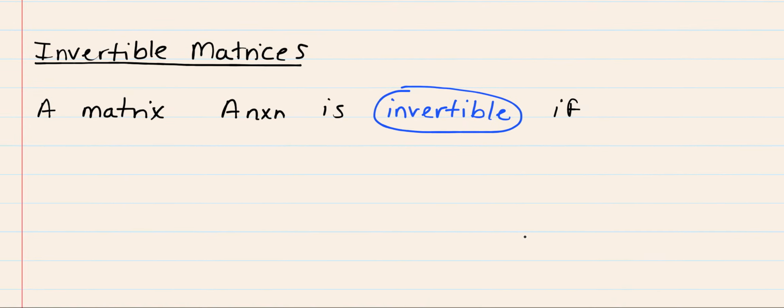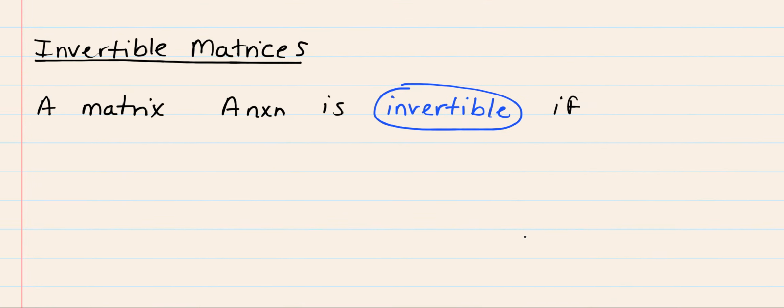Okay. And finally, we're going to talk just a minute, very briefly, on invertible matrices. So we call a matrix that's square. Notice that this is a square matrix, n by n. It's invertible. I'm going to actually put this here. So we want to make sure that it's square.